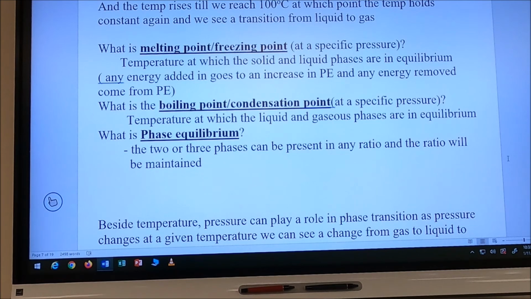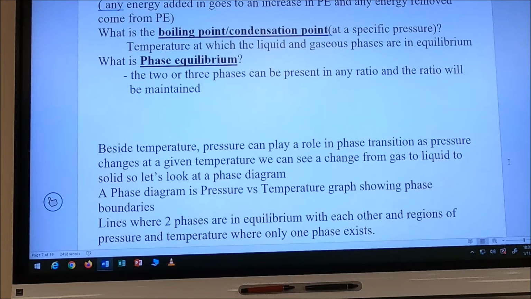If you take energy out, you're going to go from gas to liquid. Okay? Now, equilibrium is really not a, well, no, I'll talk about that more later. Phase equilibrium. Okay, 2 or 3 phases can be present in any ratio, and the ratio will be maintained if you are in a phase equilibrium.